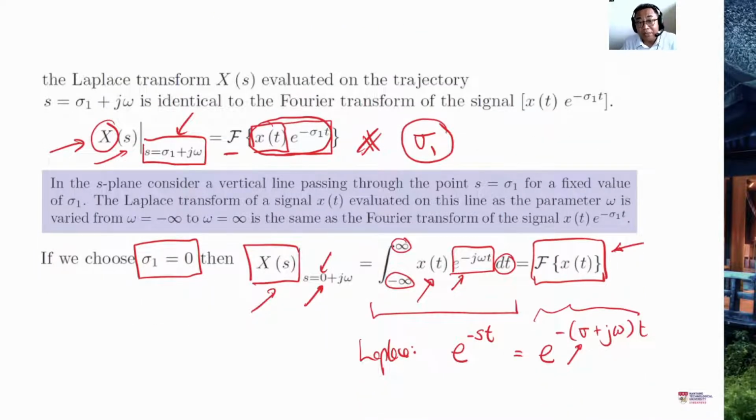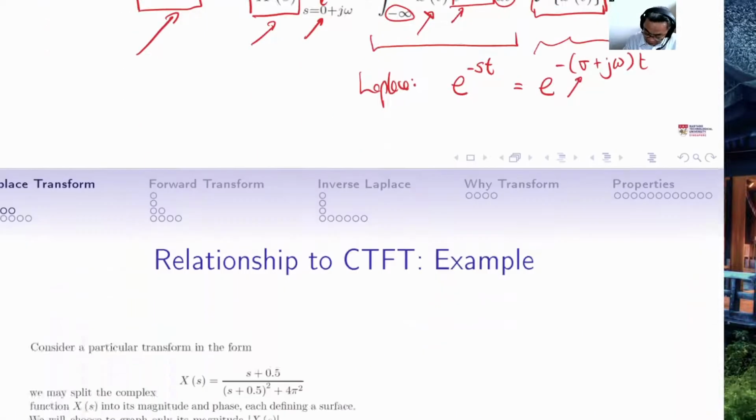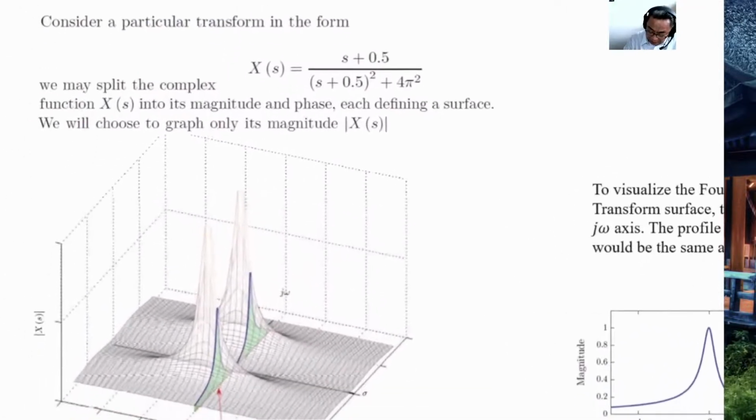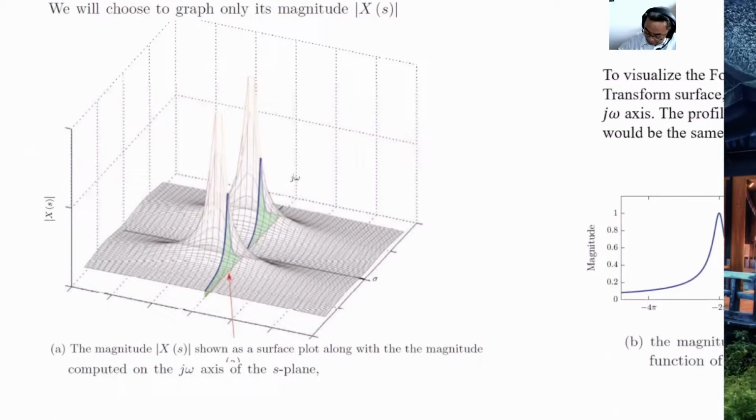Now we are going to see a nice picture of X(s), and we are going to look at where σ1 is equal to 0. Let's first give you a representation of X(s). It will normally look like this. It is a polynomial with respect to s, and this is s.